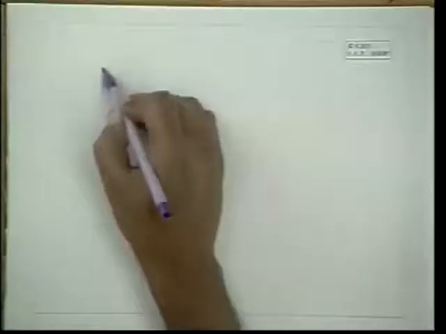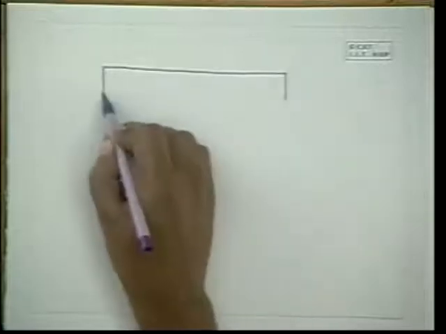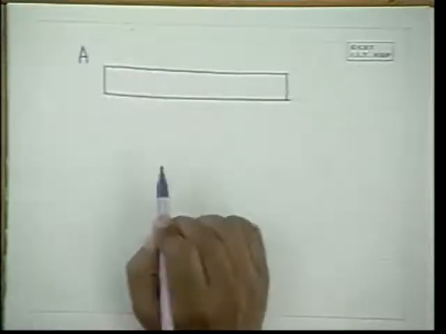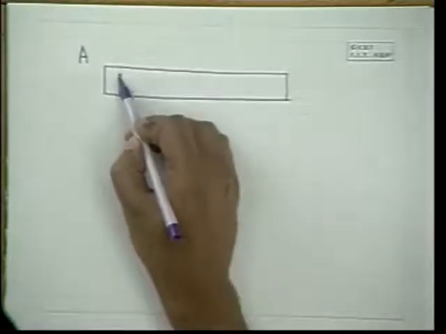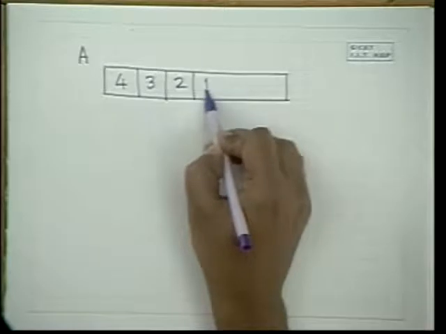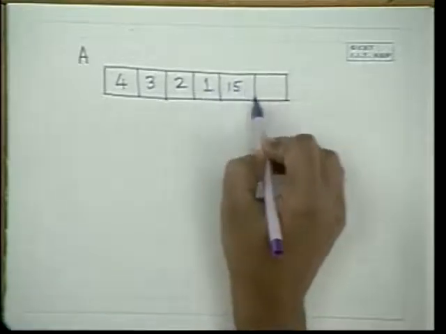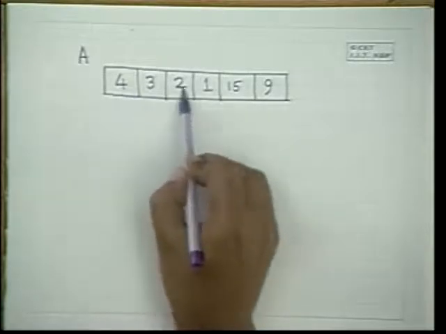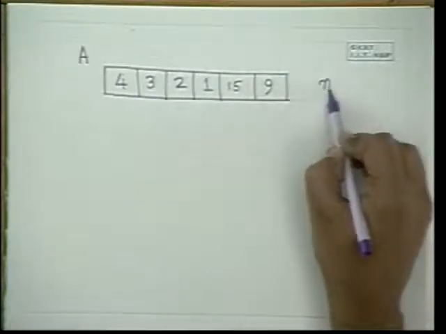So how do we, given an array A or data, which contains our elements, say 4, 3, 2, 1, 15, and 9, and n is 6.